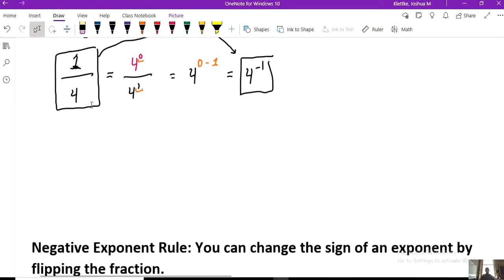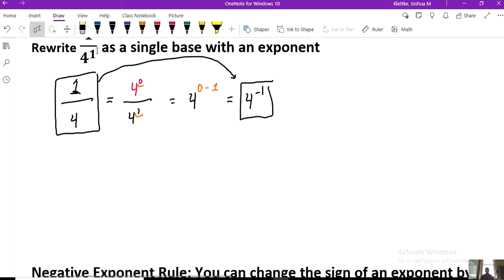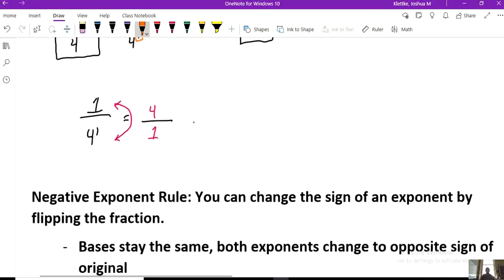So if we go back up here, again, instead of doing all this where we did the division and the subtraction, let's just look at 1 over 4 to the first. The rule is that I can flip the fraction, meaning 1 goes down here, base of 4 goes up here. The exponents change to the opposite sign of the original.